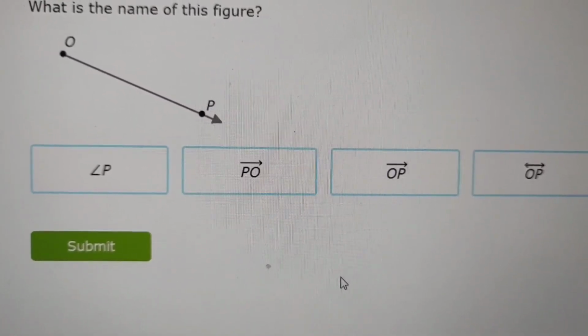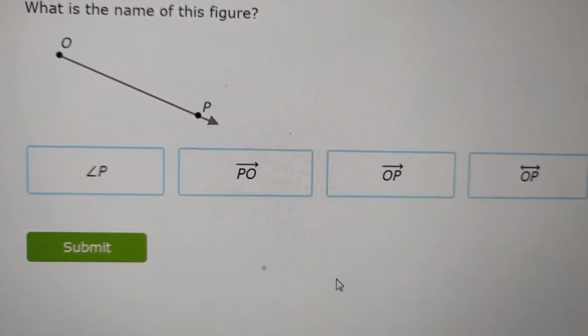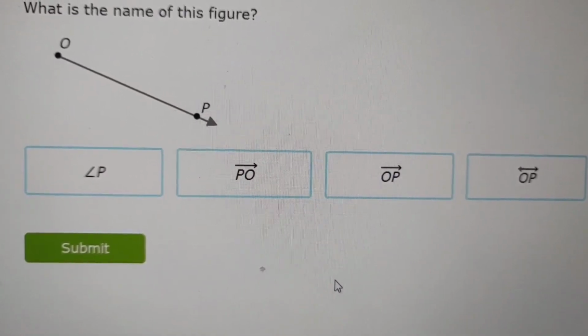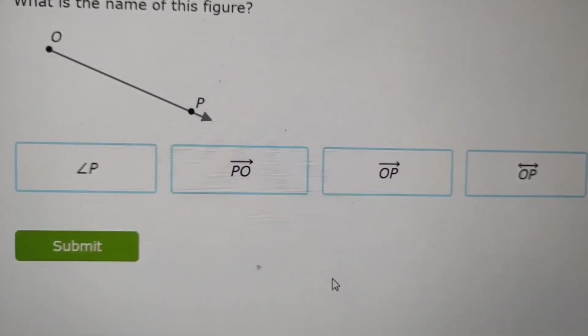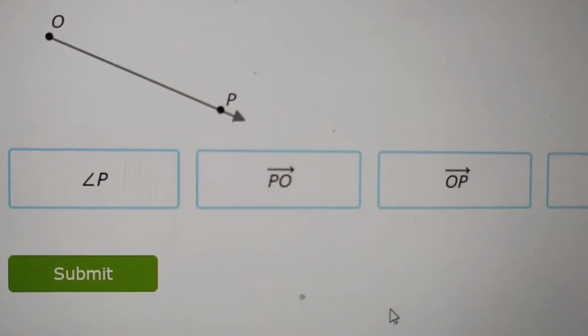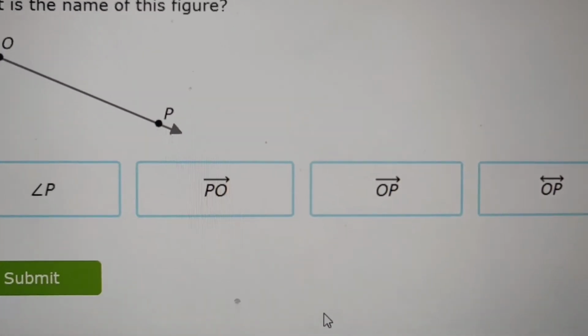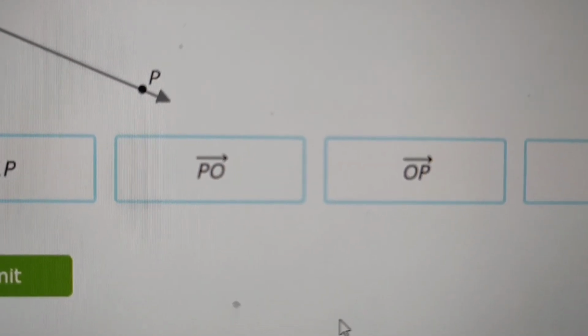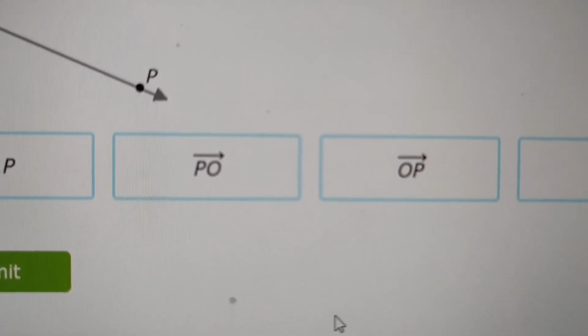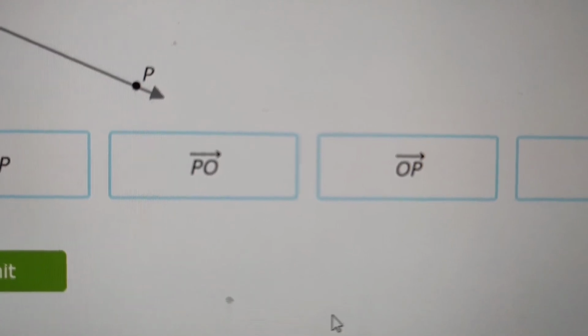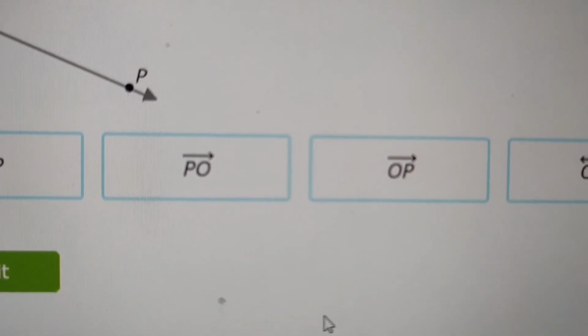So look at this figure and then look at the choices. And what I notice in the choices, we have one choice that's ray PO and one choice that's ray OP.